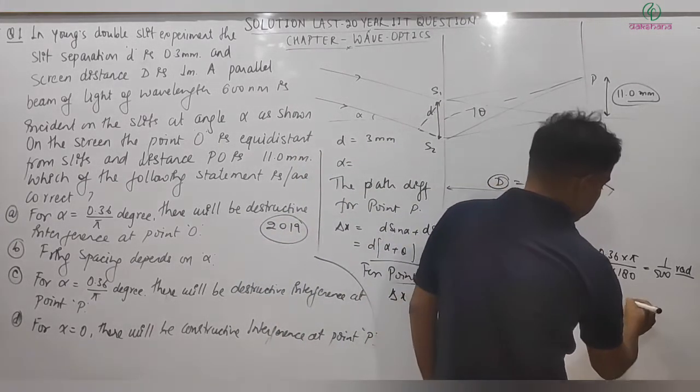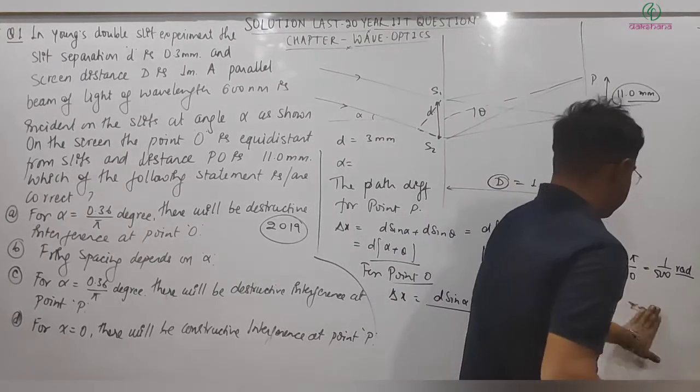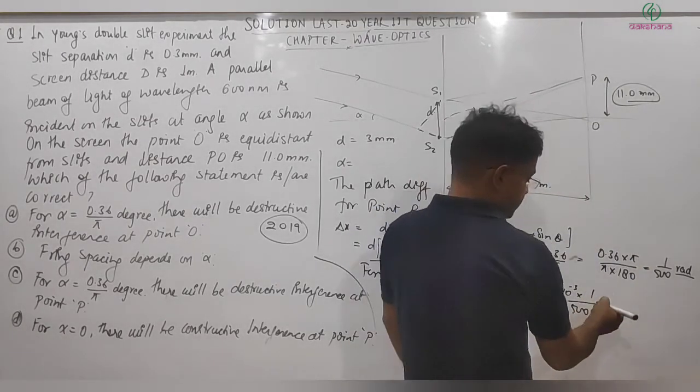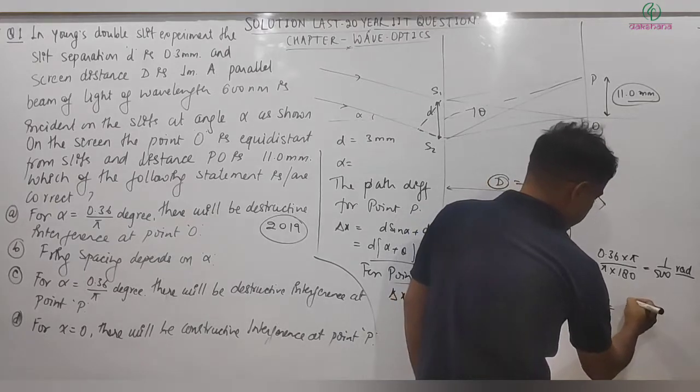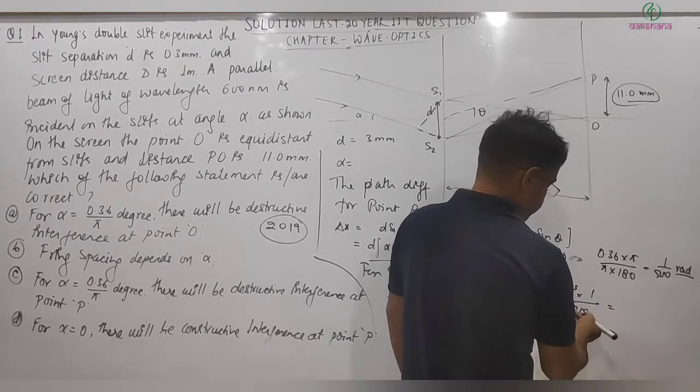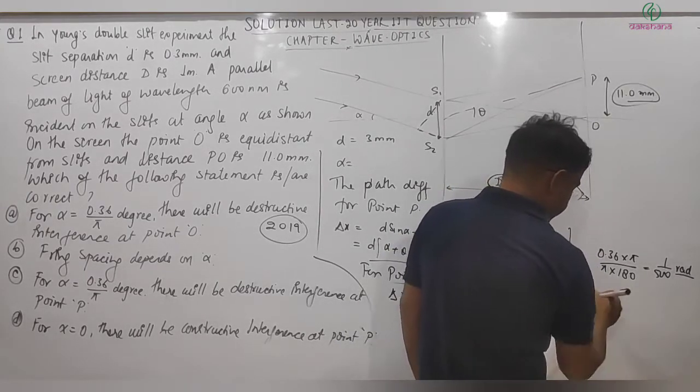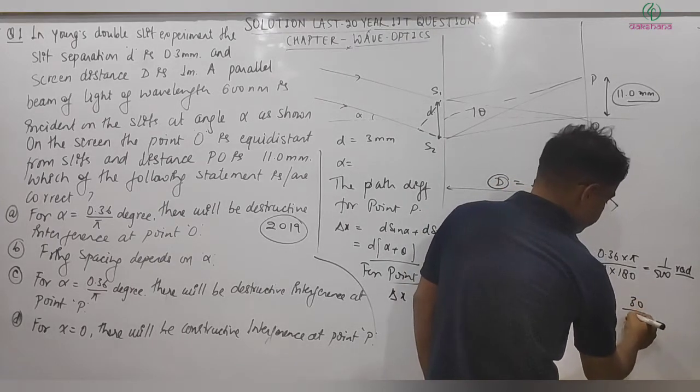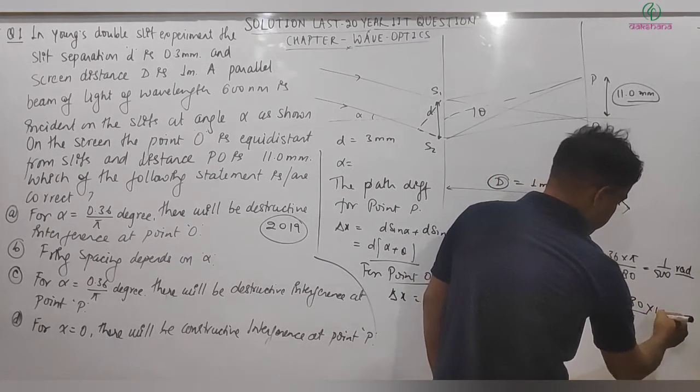Let me simplify it further. So this comes out to be how much? 30 divided by 5 into 10 raised to power how much?